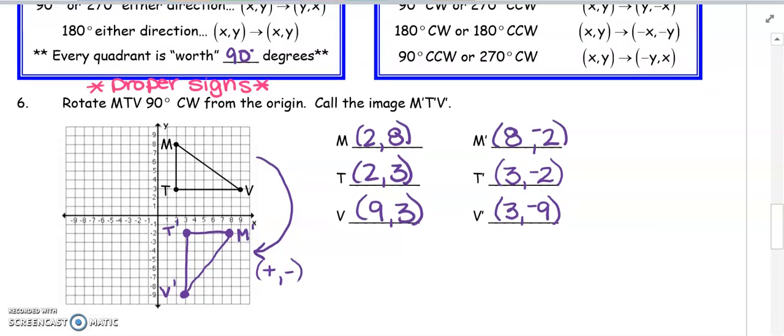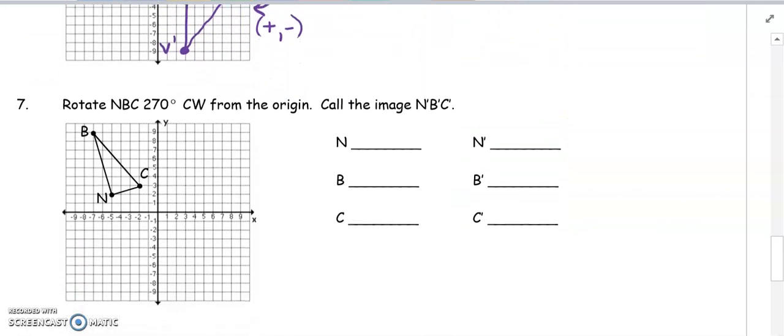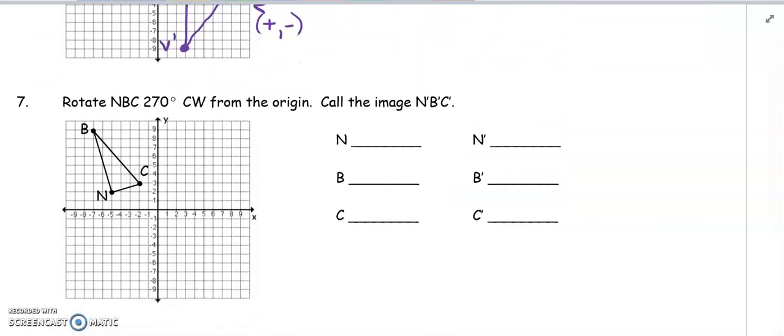All right, now number 7, I want to rotate NBC 270 degrees clockwise from the origin. Well, 270 degrees, take 270, put 90 into that, we get 3, which means we have to rotate 3 quadrants. So 1, 2, 3.